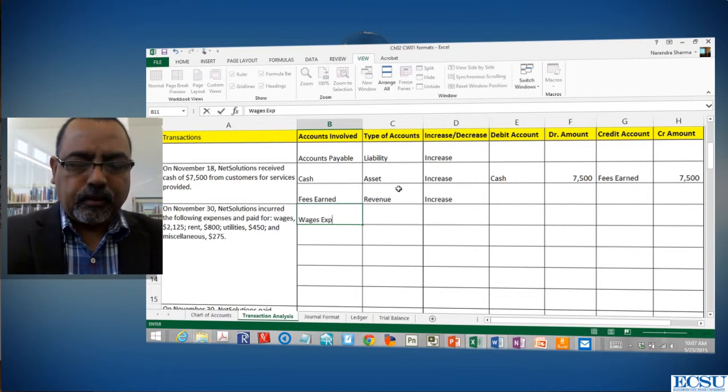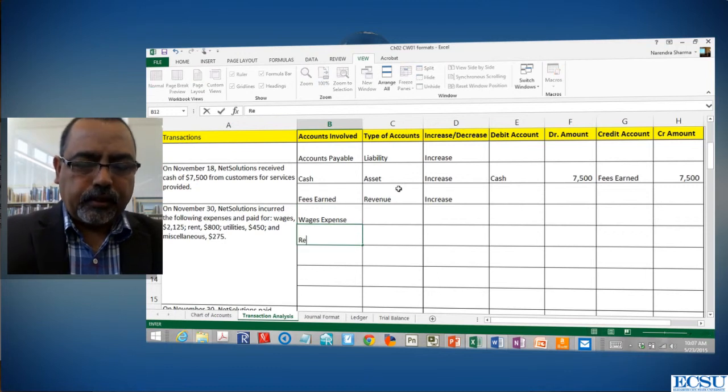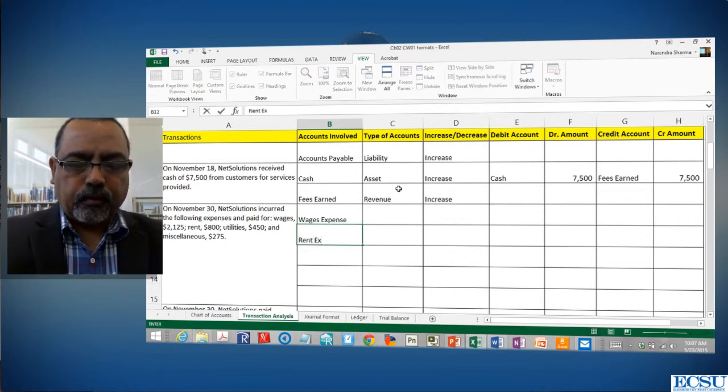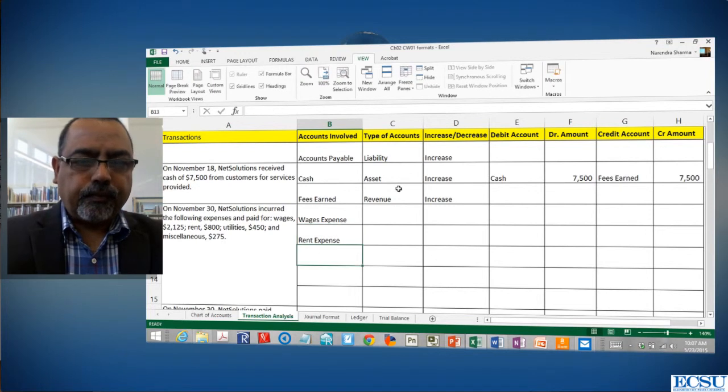Wages expense, rent expense, utilities expense, miscellaneous expense, and then cash.